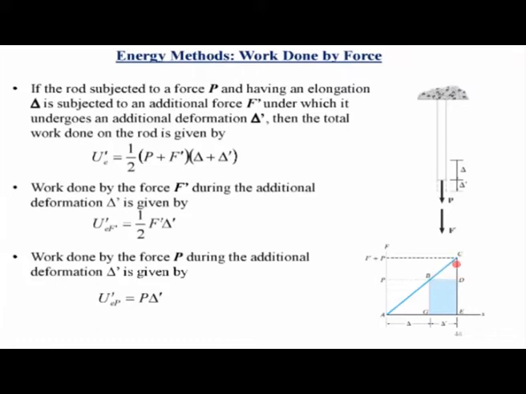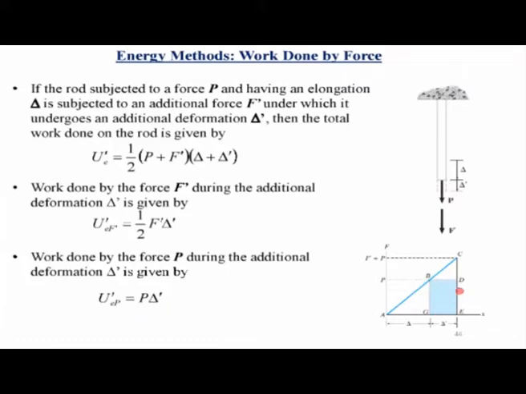Whereas the work done by the force P, which was already applied to get a deformation delta, is given by P times delta dash. That is the additional deformation that occurs after you apply the additional load. So the work done by the load which was already there, due to the additional deformation, is P times delta dash.